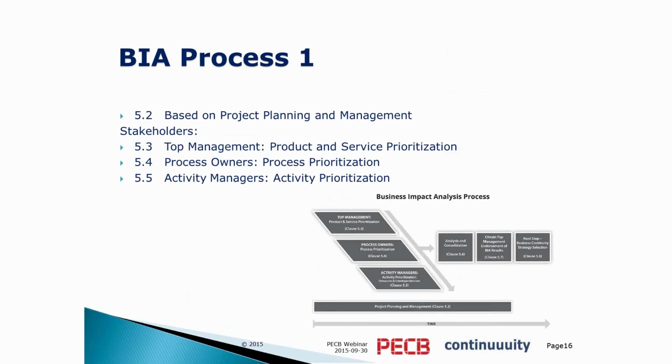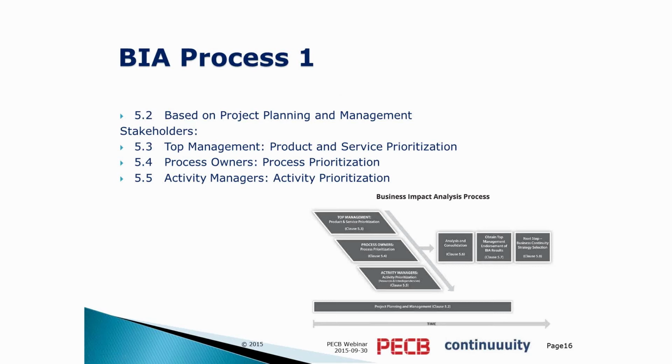If we drill down a bit more in detail, we have a look at project planning and management stakeholders. The labels are quite small. I don't know if the screen resolution helps you, but anyway, the information is here as well. So we have as players, as stakeholders, top management.